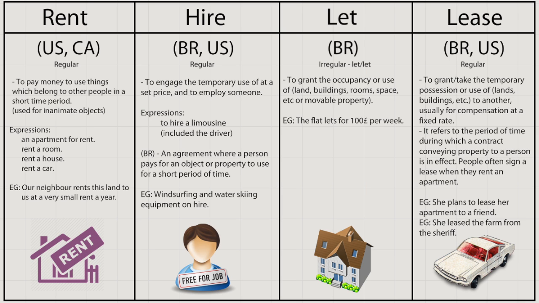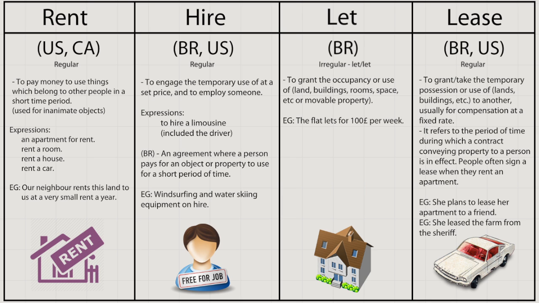So the meaning is to grant or take the temporary possession or use of lands, buildings, etc. to another, usually for compensation at a fixed rate. Then it refers to the period of time during which a contract conveying property to a person is in effect. People often sign a lease when they rent an apartment.